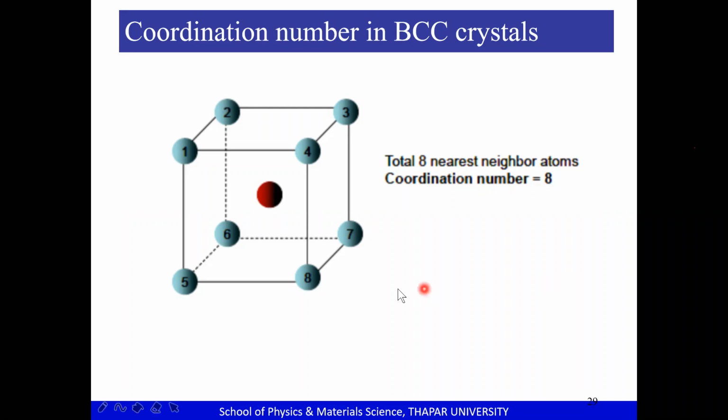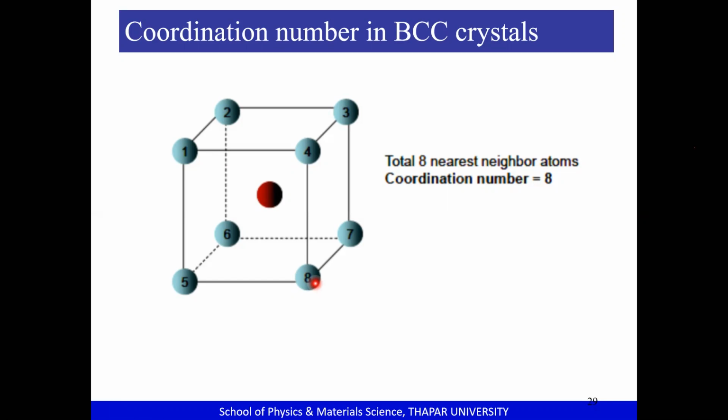My point is, if I measure the distance of center of red atom to the first corner atom or second corner atom or third or fourth or fifth, sixth, seven or eight, they are all at the same distance. So the coordination number for the BCC unit cell is equal to 8. I hope this is very clear to you now.